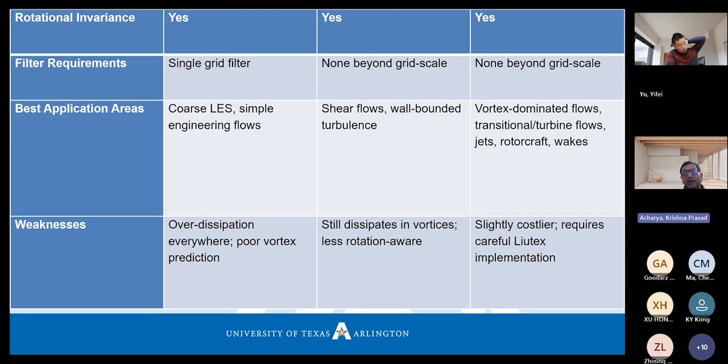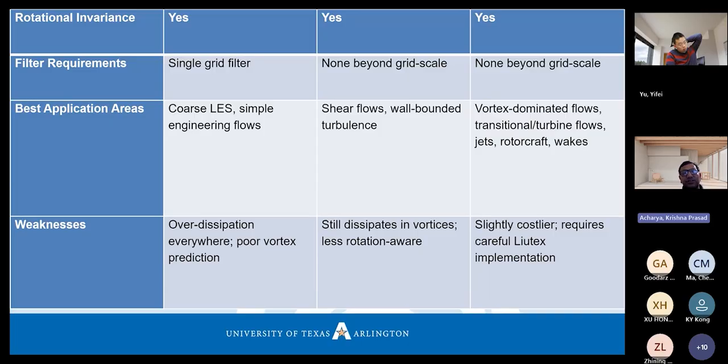Rotational invariance: all three models, yes. Filter requirements: Smagorinsky, single grid filter; Vreman, non-beyond grid; and modified Vreman, non-beyond grid.